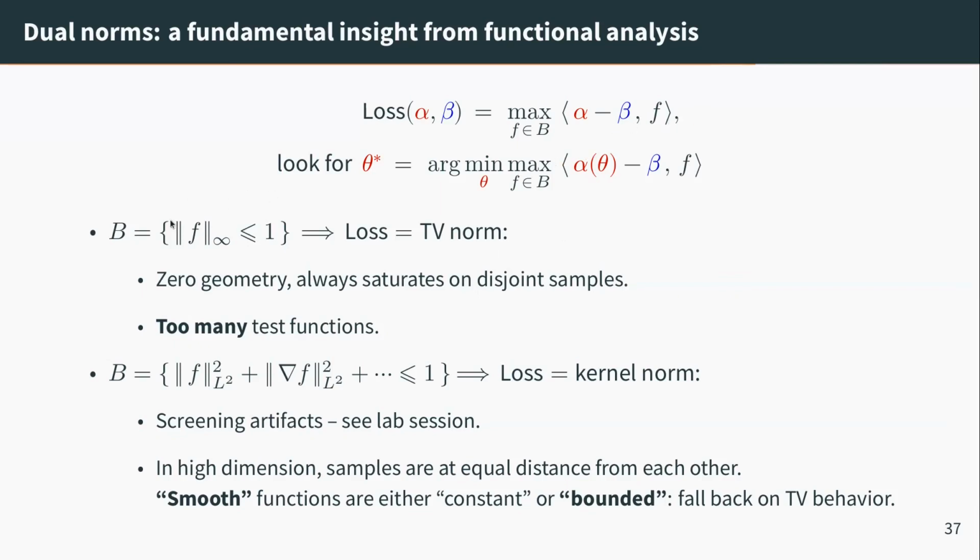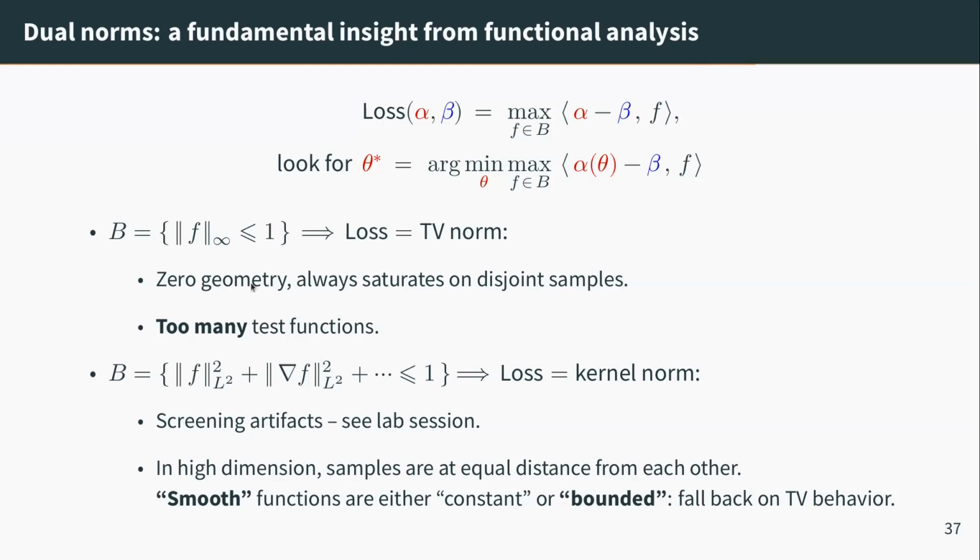And you see that in this definition, there is zero geometry. Okay, when you define the infinity norm on a set of functions, you do not take into account that x is close to y. It just says the infinity norm is the maximum over all possible values of the absolute value of f(x).